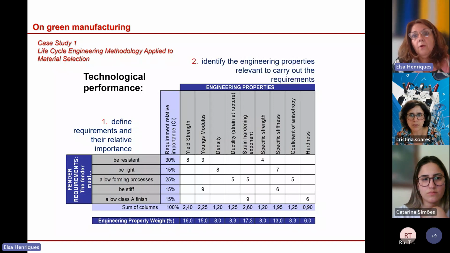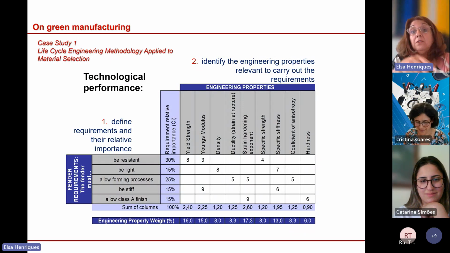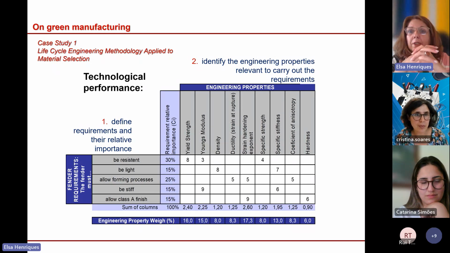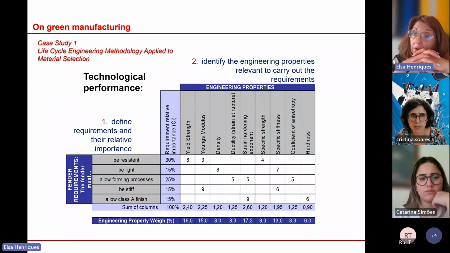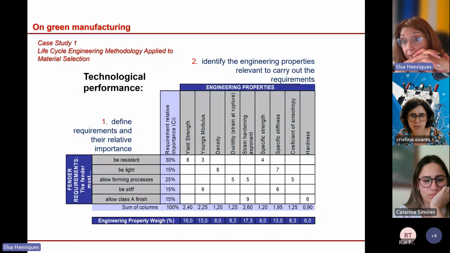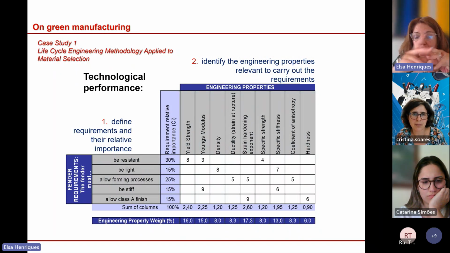Then we identify the engineering properties. We are engineers, so we don't know what "be light" is. You need to identify the engineering properties relevant to carry out the requirements. Here we have, I don't know, 8 or 10 engineering properties that you can measure and make calculations with, related to the requirements that the fender must accomplish.